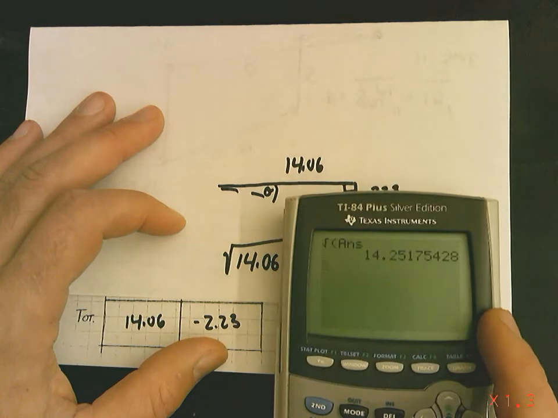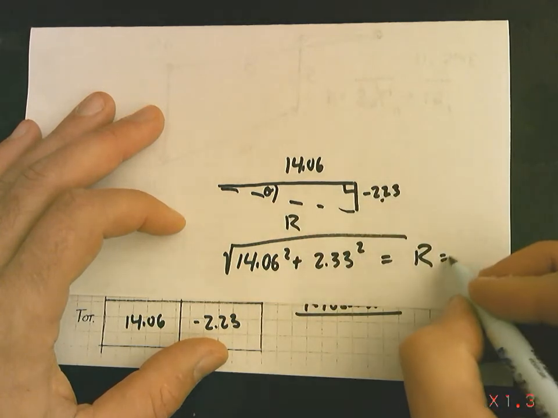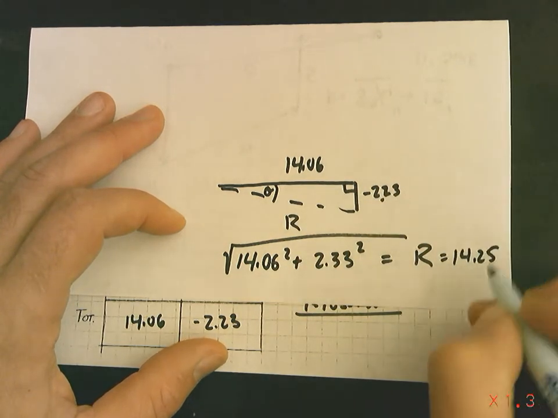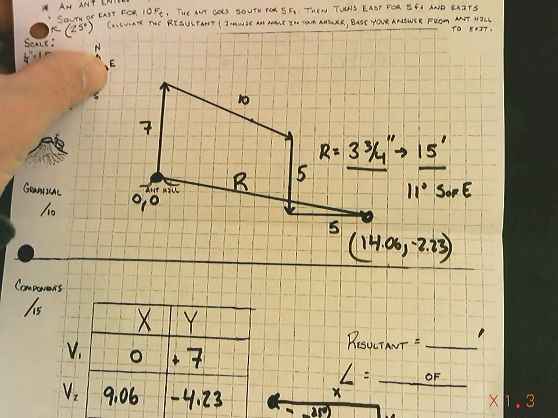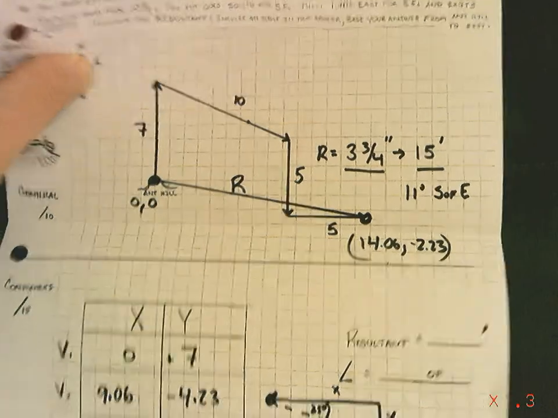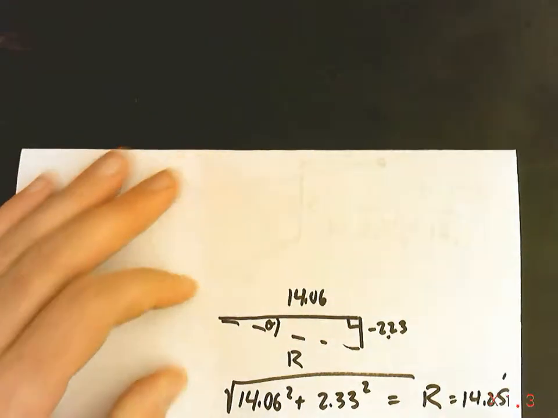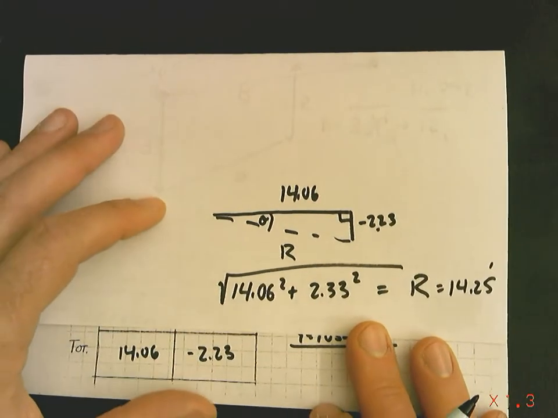I get 14.25 for my resultant. And I believe with our graph answer we measured it as 15. When I write that down, yeah, 15. So that's definitely within the level of 10% error.